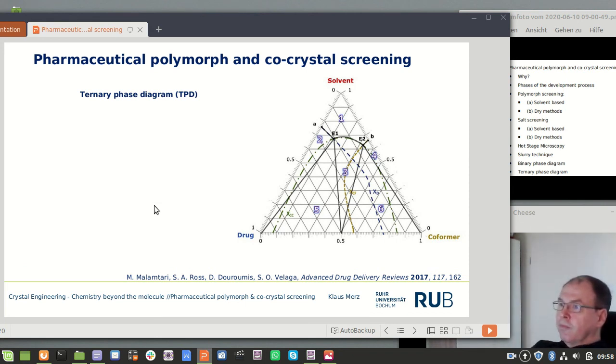Well, have a look. We have these three partners, I would say: the drug, the co-former, and the solvent. And similar to a binary phase diagram, this is the composition here.